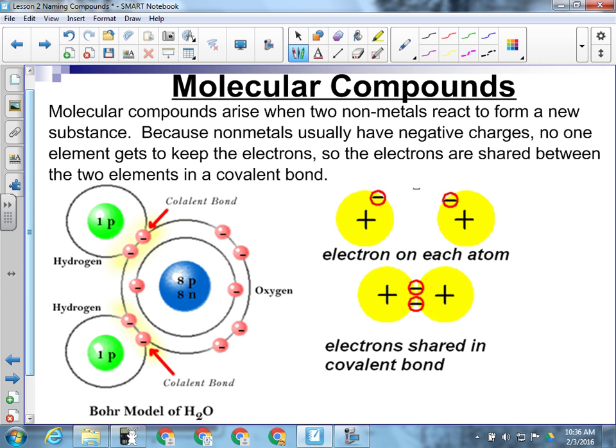We said for ionic compounds, their bond is pretty weak. Once they get what they want, there's no reason for them to stay together. But molecular compounds are stable. They very much want to stay together. They have to share their electrons in order to have that full outer shell that ionic compounds want to have. Because they can't possibly give away enough electrons to get a full outer shell, they have to share them.